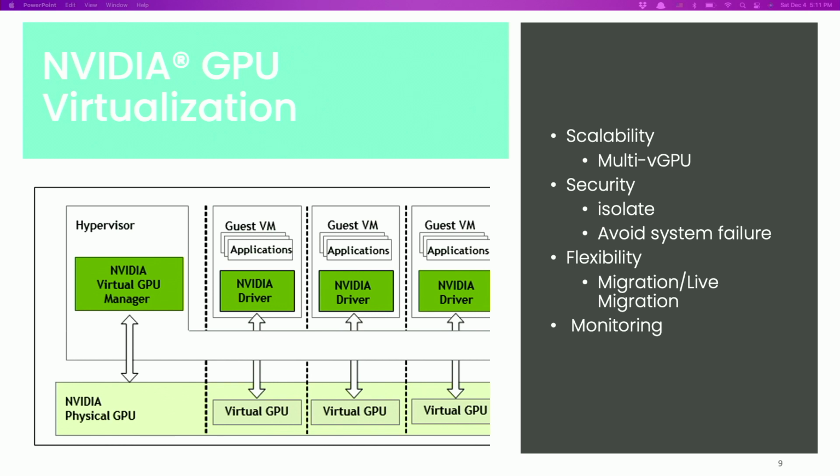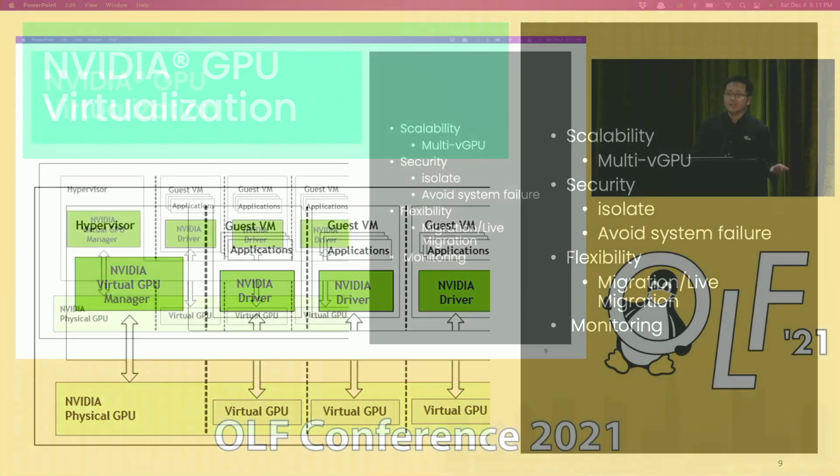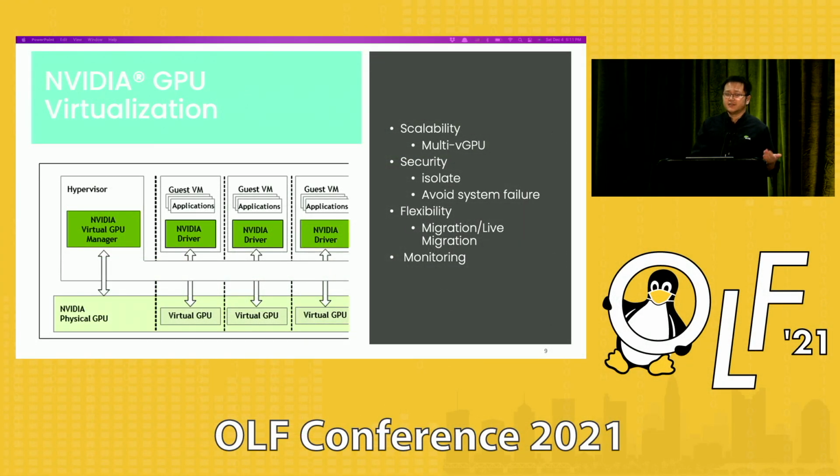This vGPU manager does a couple of things. First, it's a scheduler that coordinates multiple vGPUs to share the GPU more efficiently. It can also manage the device state: we can save it, take a snapshot, restore it, and resume it.